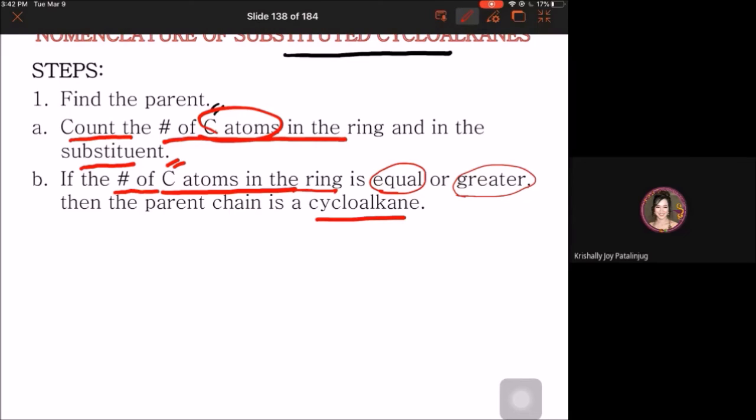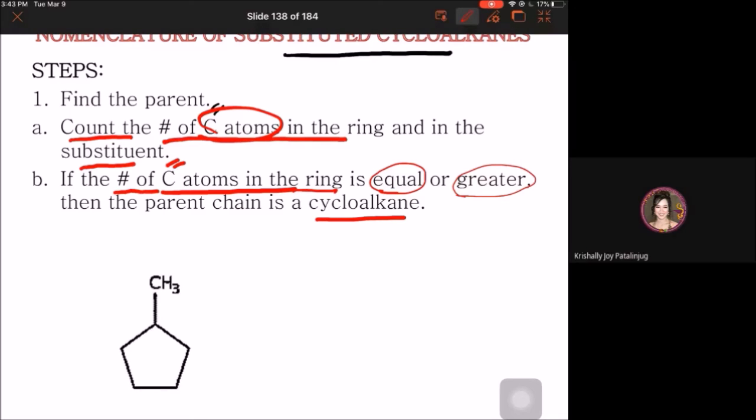Okay, so the molecule is generally a cycloalkane which is substituted, if the number of carbons in the ring is equal or greater.